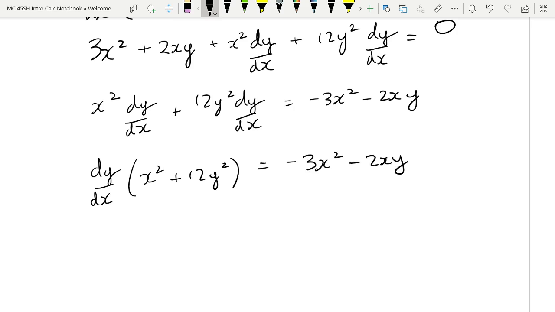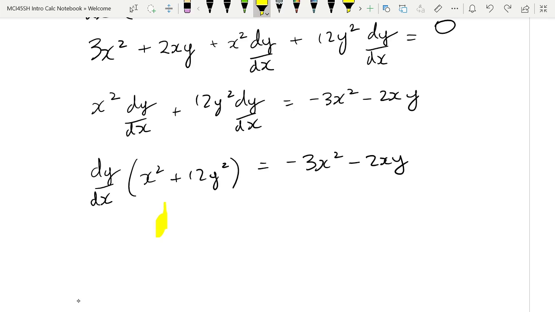Everybody see what I'm doing algebraically? And now I'm going to divide both sides of the equation by this factor, which will isolate the derivative, which is what I wanted to do.